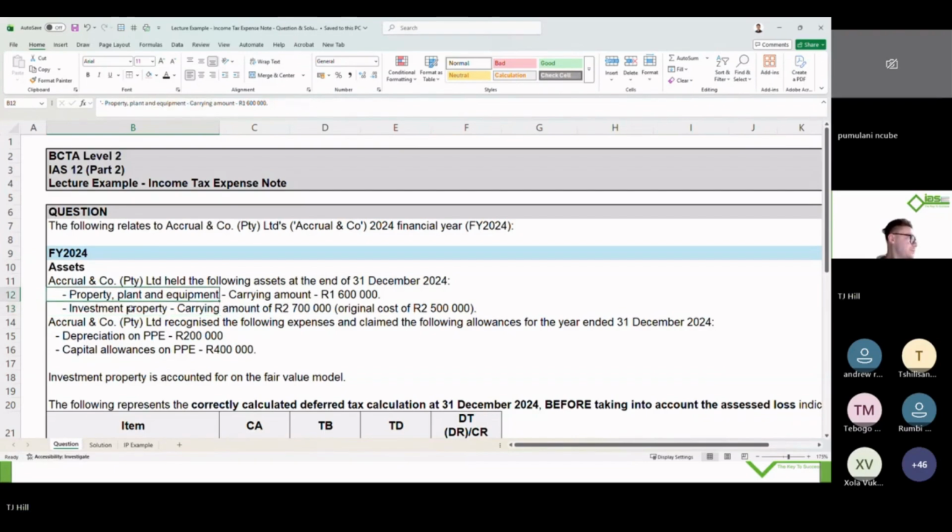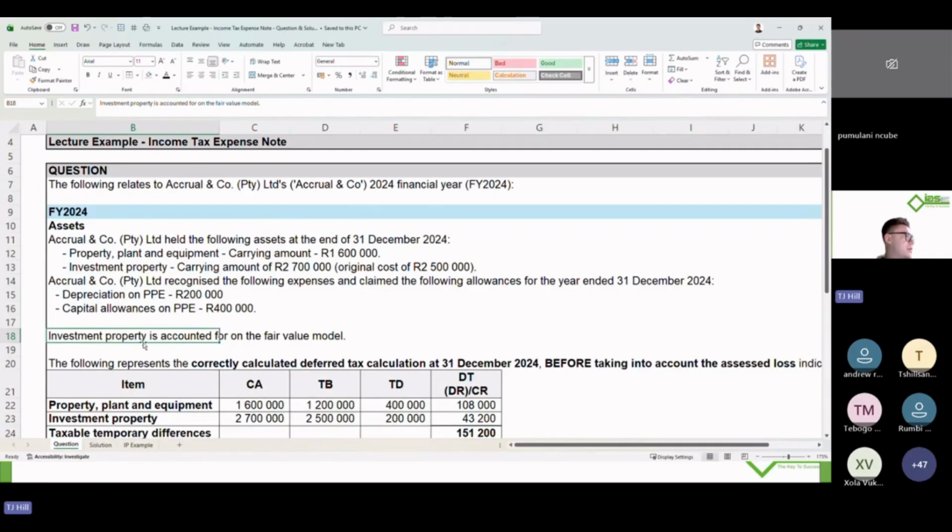Okay, so investment properties on the fair value model. Okay, and the following expenses I've calculated for you: the depreciation, and I've given you the capital allowances for last year. Okay, that we already did.